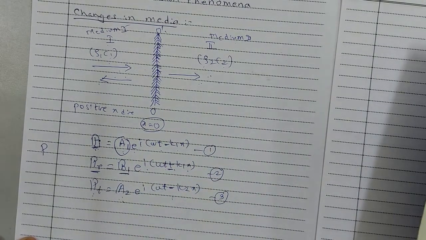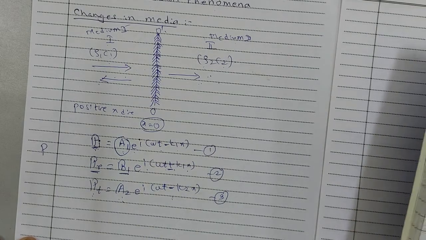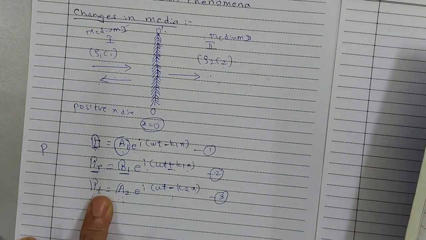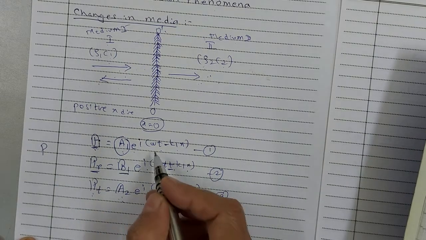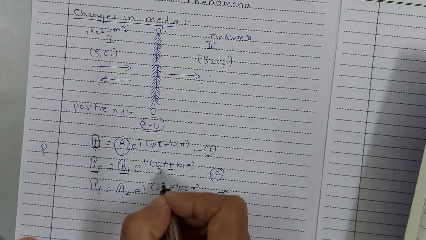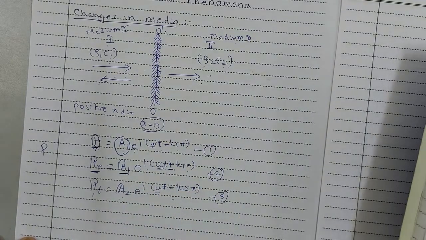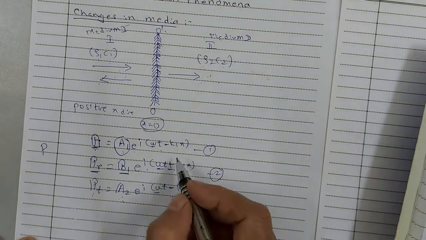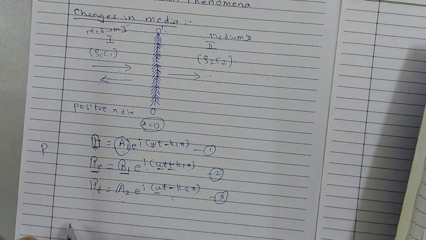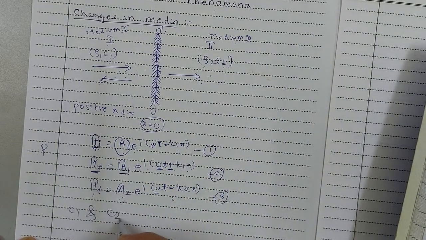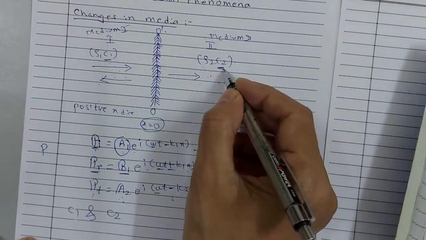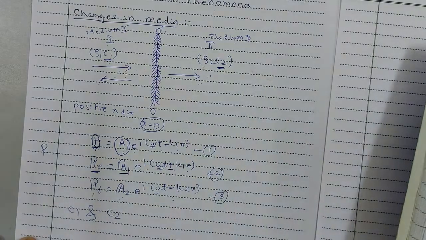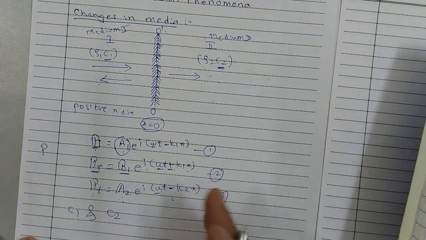So what we understood is that the transmitted wave, that is PT, always has the same frequency as the incident wave, because everywhere we have omega. But the difference is in the velocities, C1 and C2 in these two media, because I wrote C1 here and C2 here, and the values of the wavelength constant.